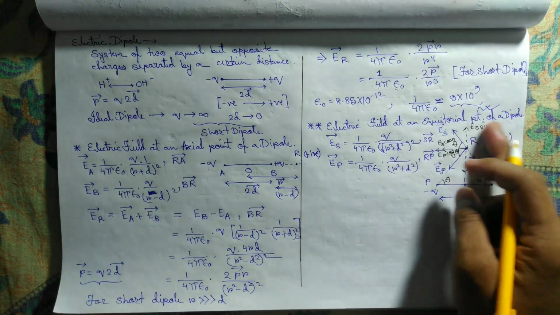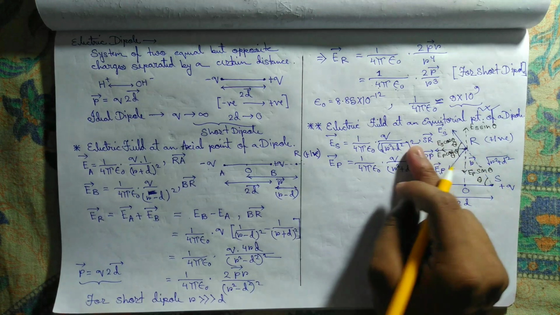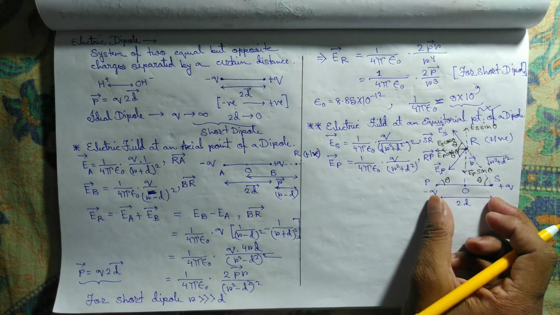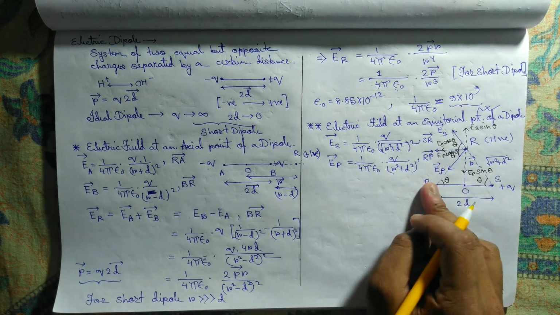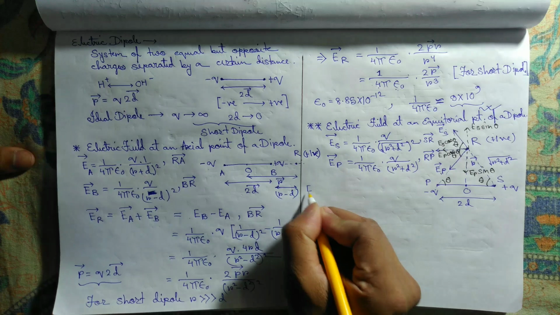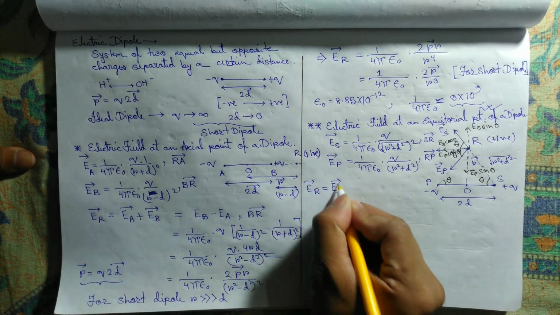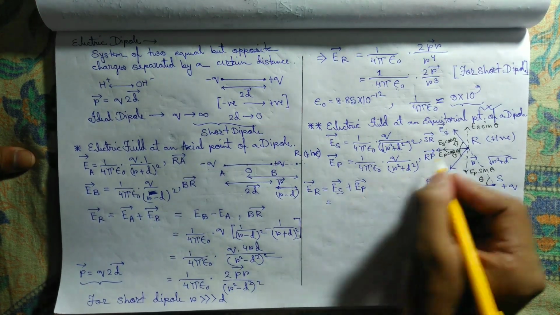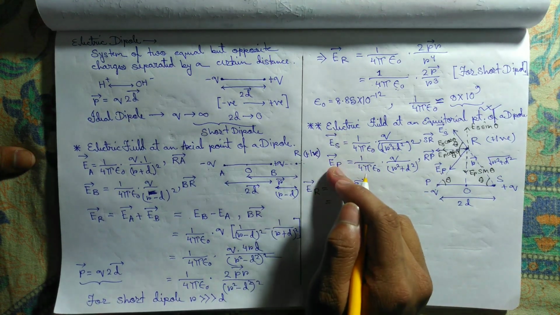So here, the electric field will be 0 along this direction. The total electric field will be along this direction, parallel to that 2D axis, or parallel to the PS direction. Okay, it will be S to P. So the resultant electric field, as per vector addition of ES and EP, from that figure we can see that it will be ES cos theta plus EP cos theta, and the values of ES and EP are equal.